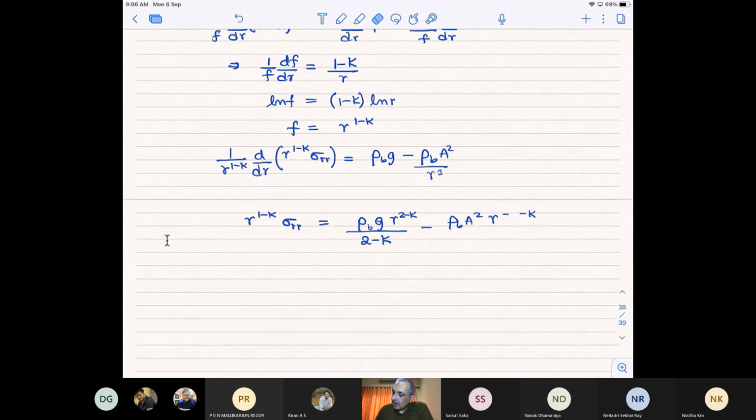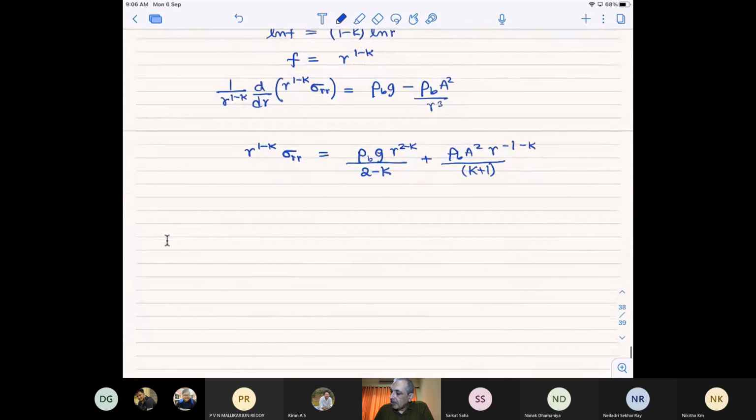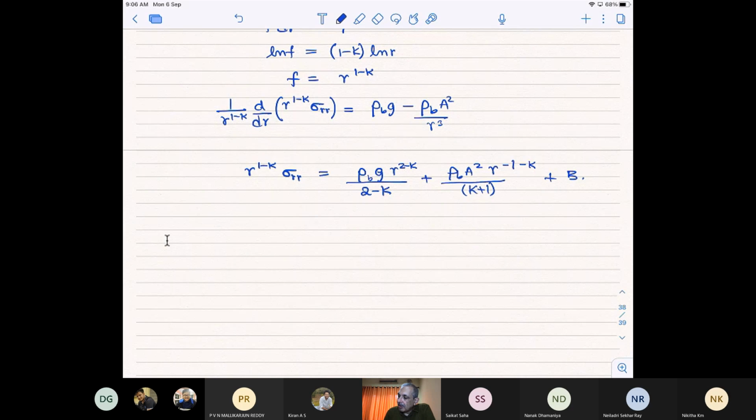So this becomes minus 1 minus k divided by minus of k plus 1. So this minus minus will cancel out, so it becomes plus here. And then you'll have one more constant of integration, which will be plus b. So you have two constants of integration, a and b. And then now I can divide throughout by r raised to the power of 1 minus k.